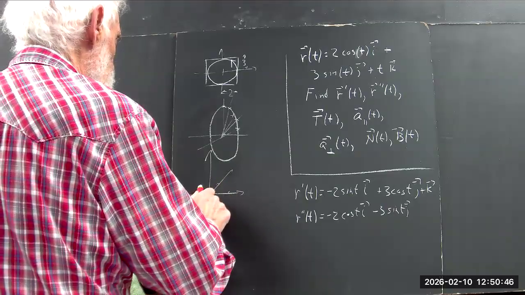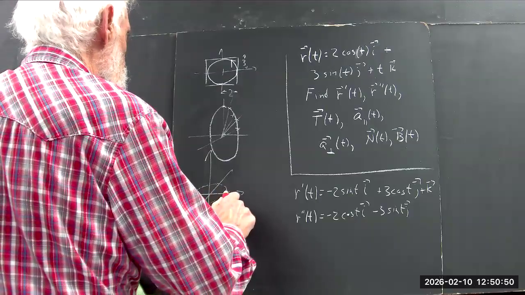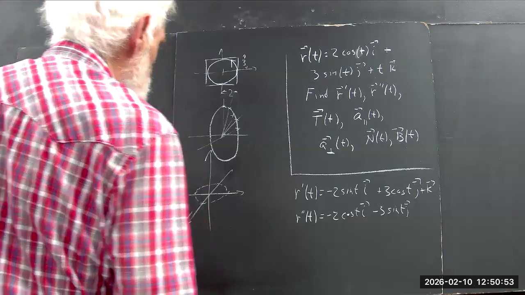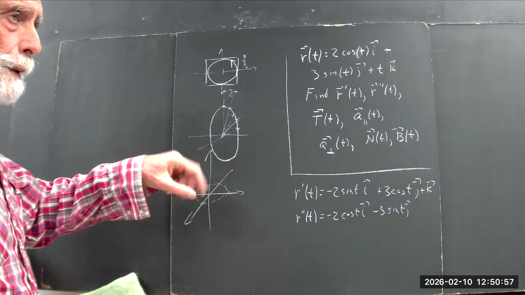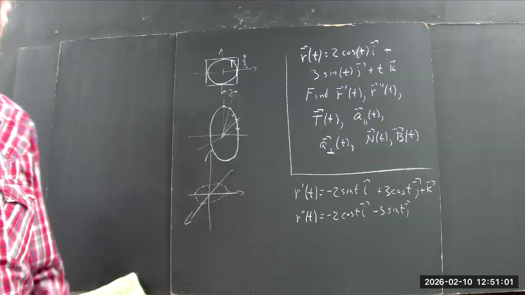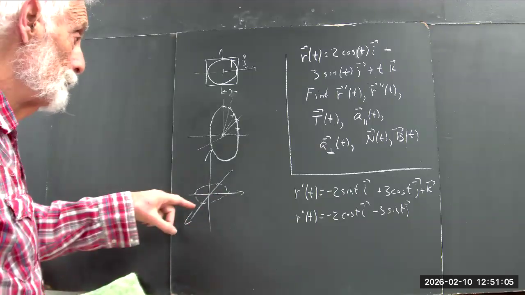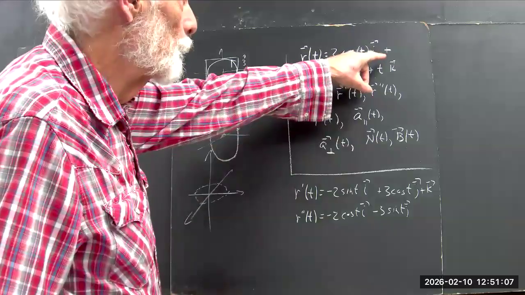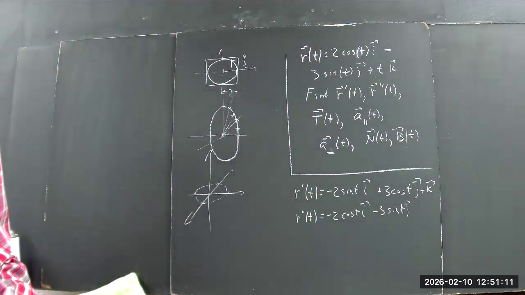And I'll draw just a little dotted line for the ellipse. Now, it doesn't follow this path, but its path is always directly above this ellipse. But as soon as it starts moving, it's going to move upward because of the tk, right?